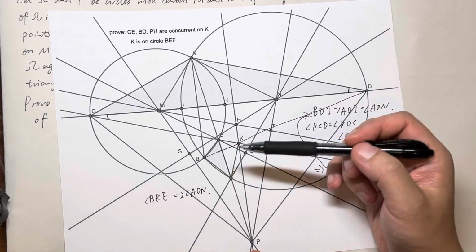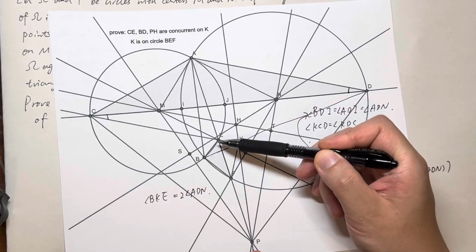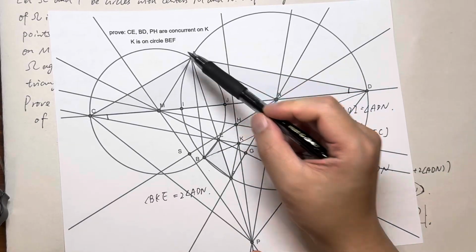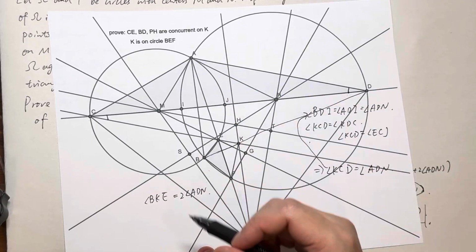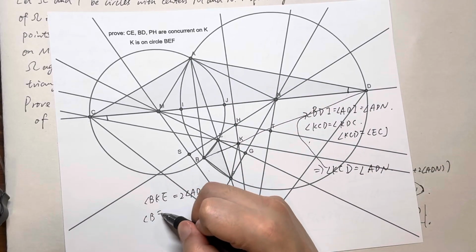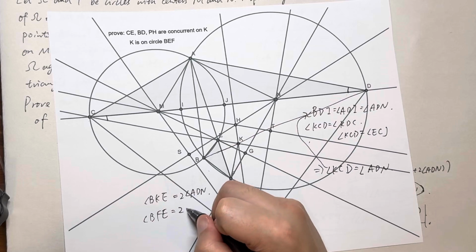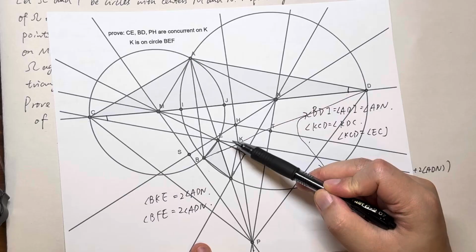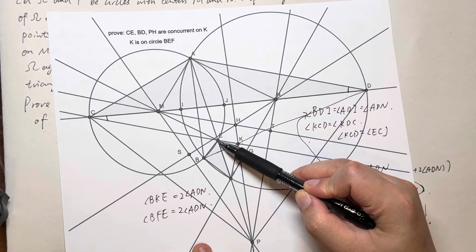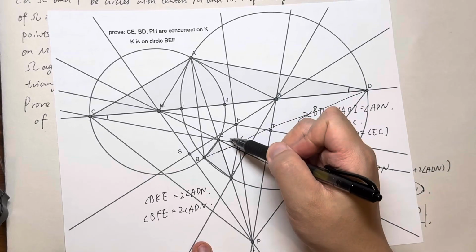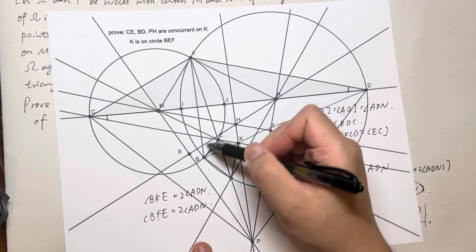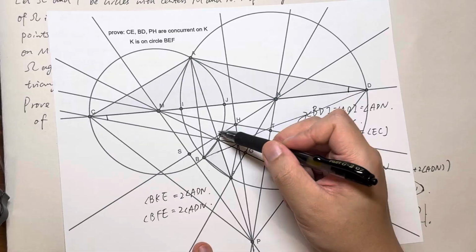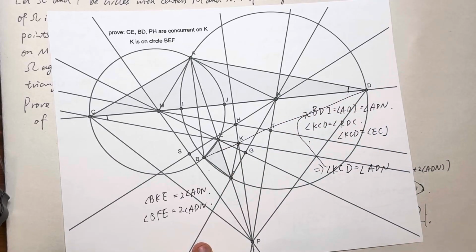And we know that angle BFE equals angle BFA equals angle BDA, which is twice angle ADN. So BFE equals twice angle ADN. So we know that angle BKE equals angle BFE, which means K is on the circumcircle. I mean, K, E, B, F are cyclic. So K is on the circumcircle of the triangle BEF, right?